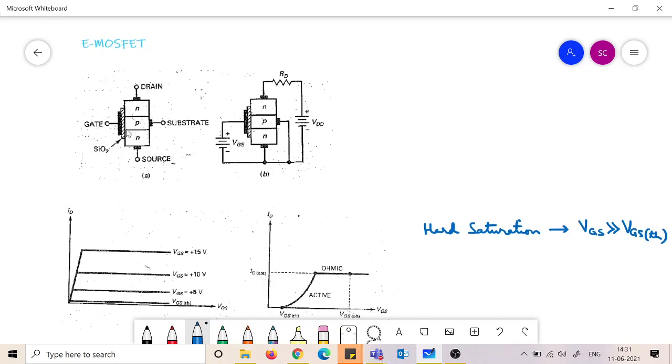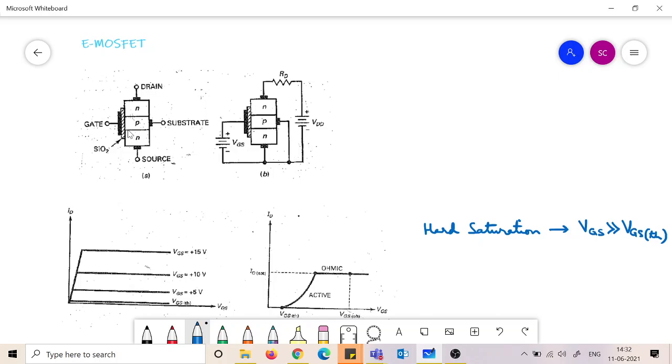There are two junctions, but it does not work in the same way. Constructionally the semiconductor part is similar, but you see the gate is coming in via an insulator between the gate and the semiconductor. That makes all the difference. That is why it is a MOSFET, because of the insulator. It is a MOSFET because of the metal oxide semiconductor.